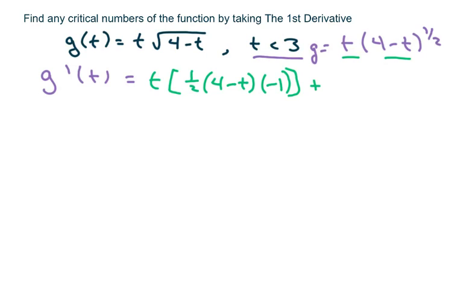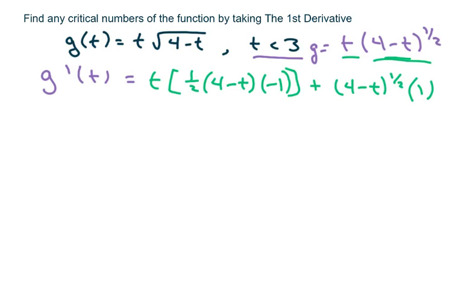Then you add your second function, which was (4 minus t) to the 1/2, times the derivative of the first function, which is just going to be 1.